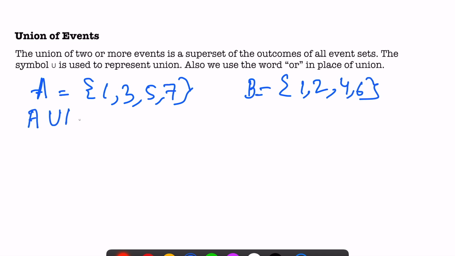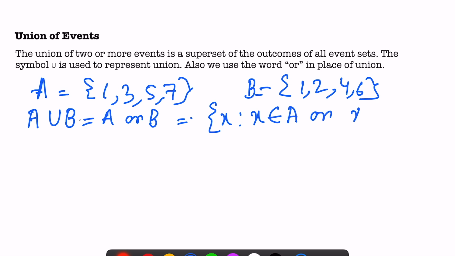The union of A and B, which is also called A or B, will be the elements that are present either in A or in B. So the elements can be present in either A or B. So that will be the union of two events.